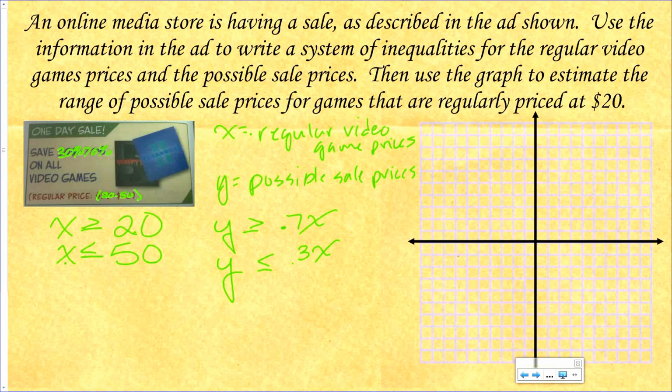Okay? Now we have to graph it. Notice, first off, that my X and my Y's are hugely different. So for my X's, I'm going to go by tens: 10, 20, 30, 40, 50, 60. That's more than enough, right? And then my Y's, what should I go by? Tens or tenths?